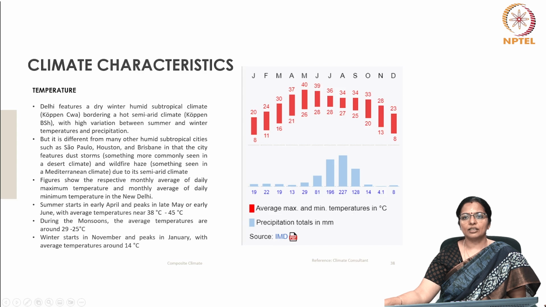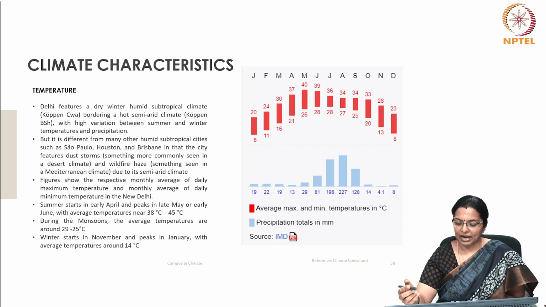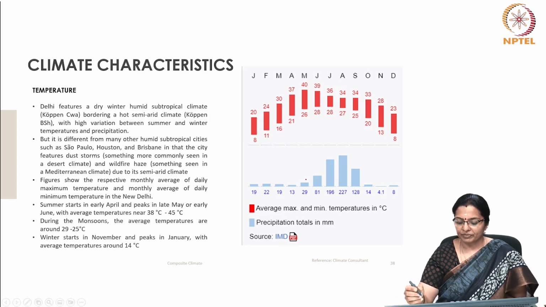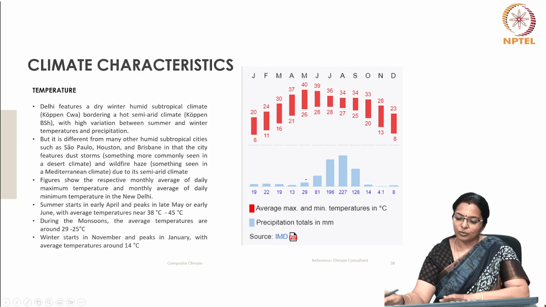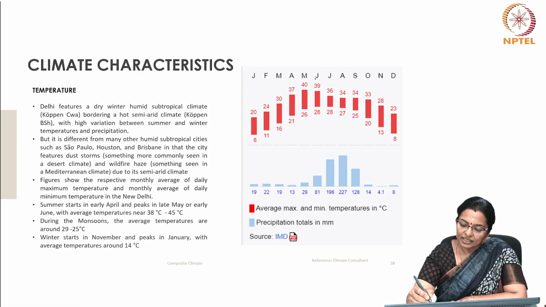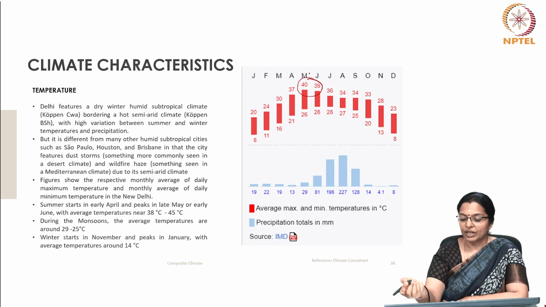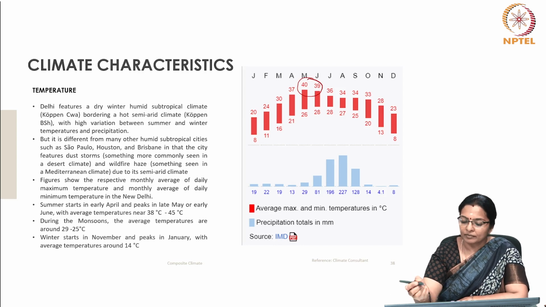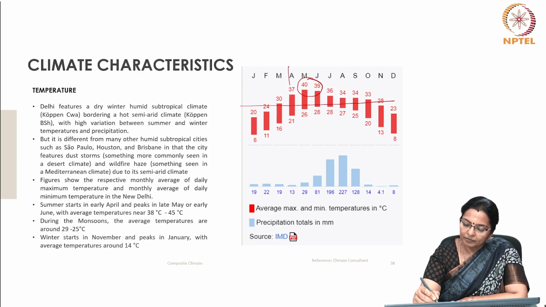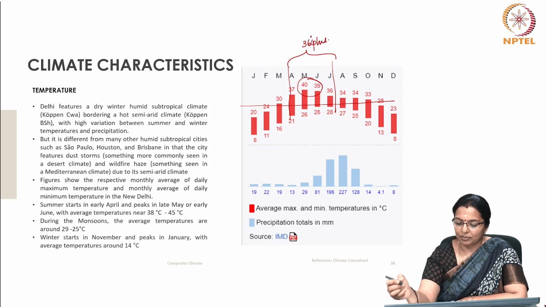Here you can see the figures which show the respective monthly average daily maximum and minimum temperature in Delhi. So here you can see that Delhi reaches an average of 40 to 39 during the hottest part, and for 4 months it has 36 plus as its temperature.